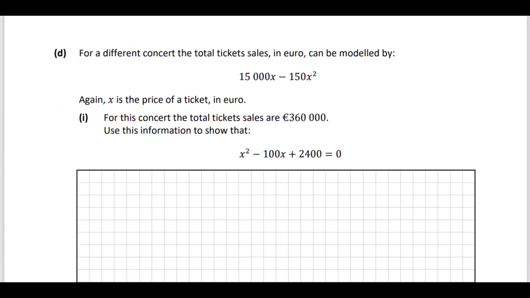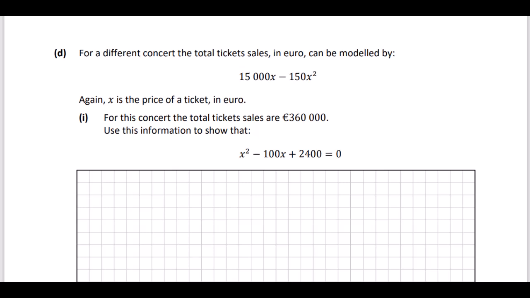For a different concert, the total ticket sales in euros can be modelled by 15,000x minus 150x squared. Again, x is the price of a ticket in euro. For this concert, the total ticket sales are 360,000 euros. Use this information to show that x squared minus 100x plus 2,400 is equal to 0.